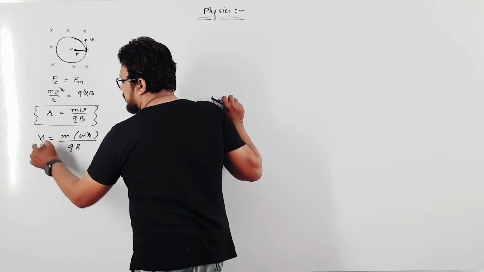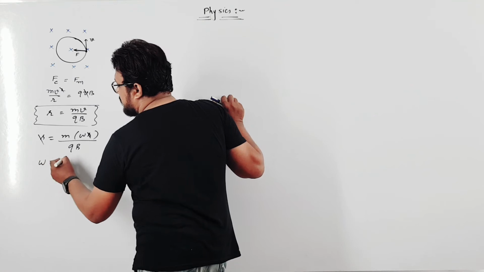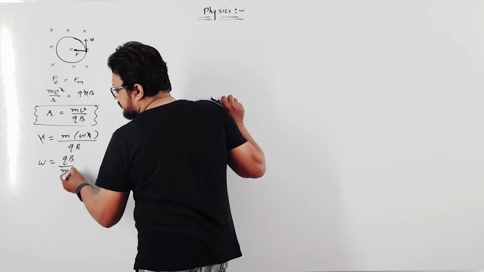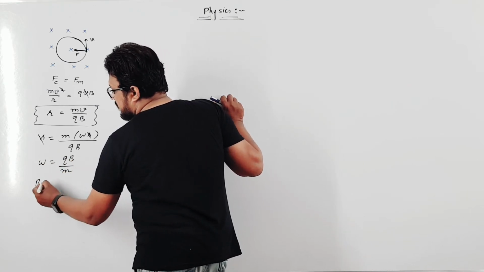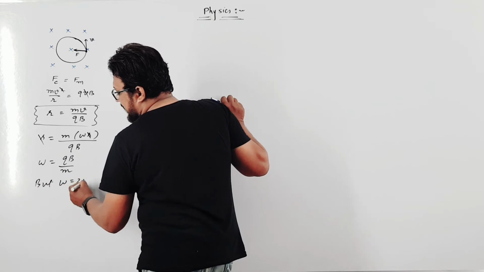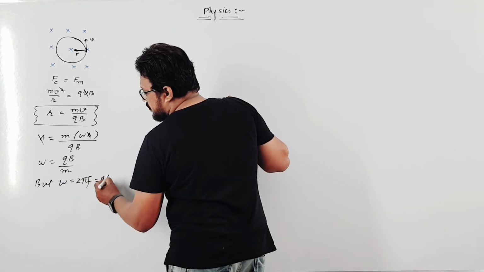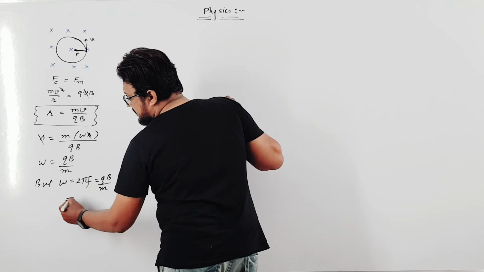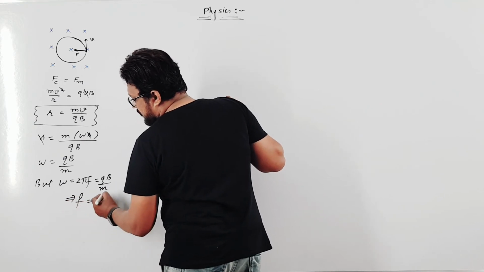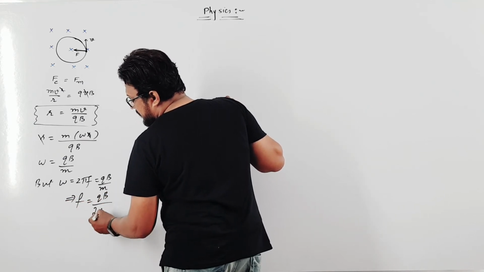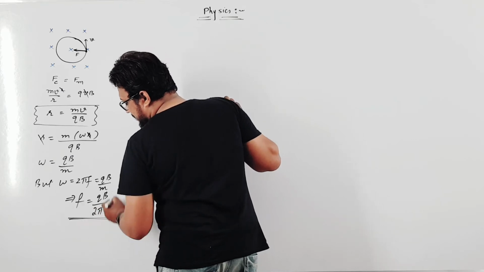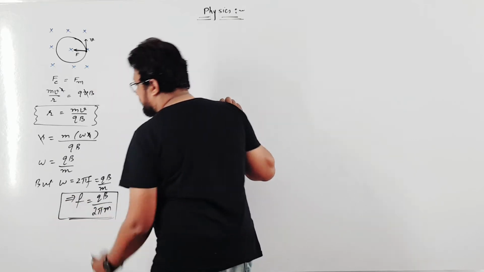So r will get cancelled out. So omega will be equal to qB by m. But actually omega is 2 pi f, and that is equal to qB by m. So this implies that frequency will be equal to qB over 2 pi m. This is another important formula which you have to remember, right?